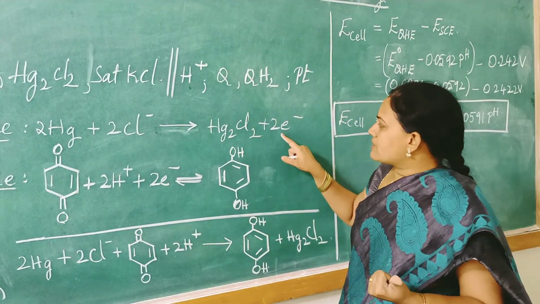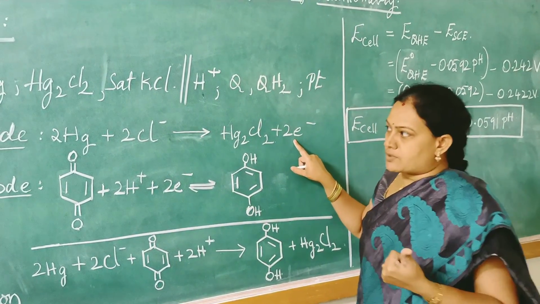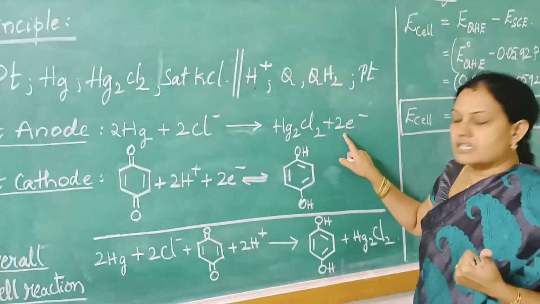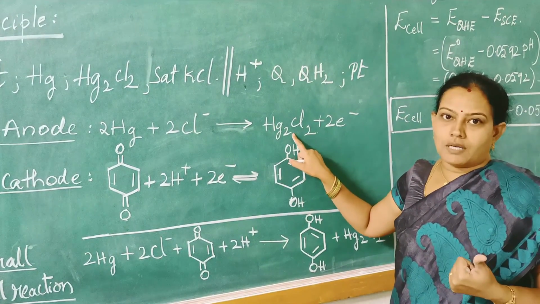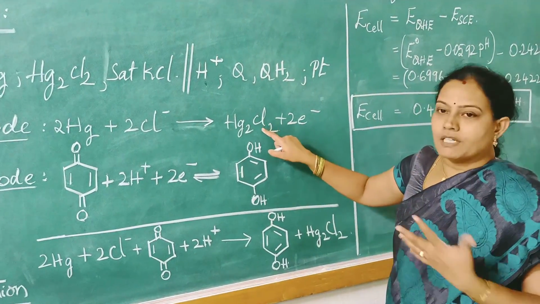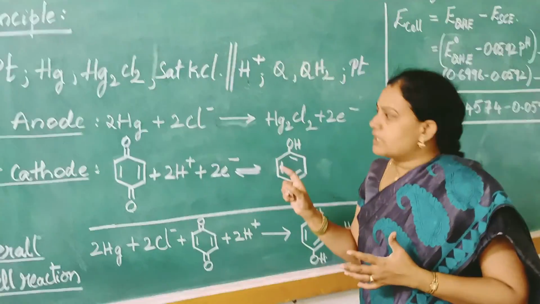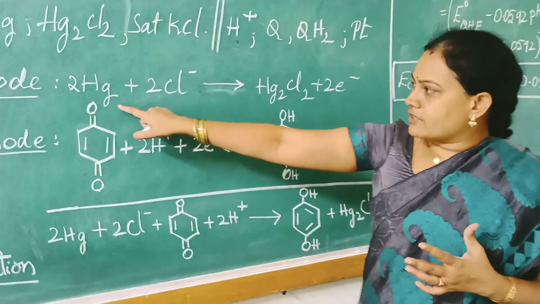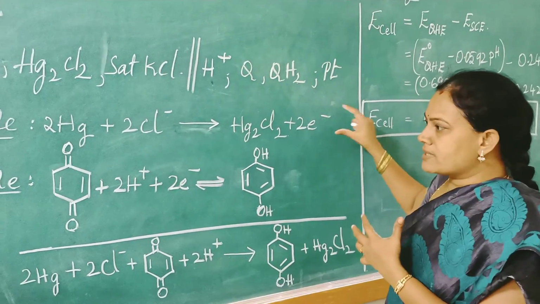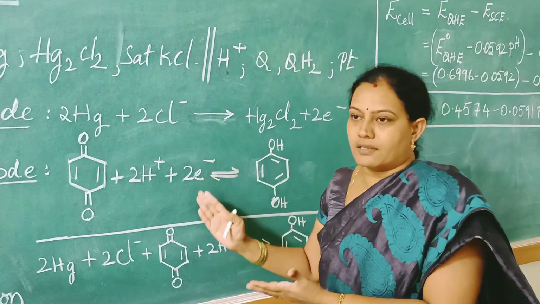So there is a release of 2 electrons with the oxidation of mercury to mercurous chloride, and this mercurous chloride is commonly called calomel, and that's why we call it a calomel electrode. The oxidation process releases 2 electrons, which are utilized during the reduction process.